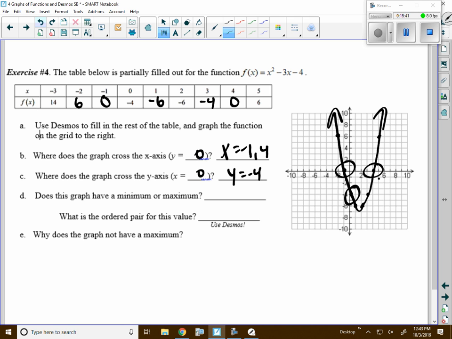Does the graph have a minimum low point or a maximum high point? Minimum. Thank you. A minimum right here. Is it easy to pick out what that minimum is? Keep in mind, I did not plot a point there. That's not a point that I plotted. I only plotted here. It's not in my table.